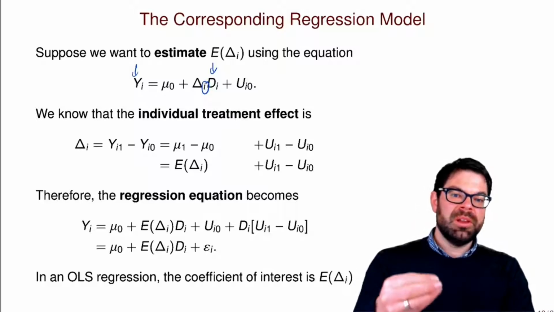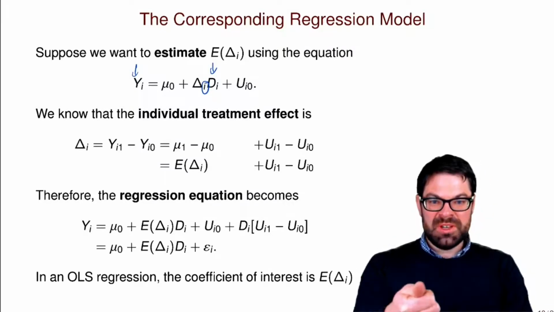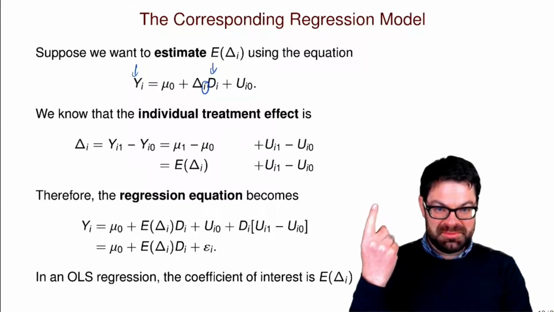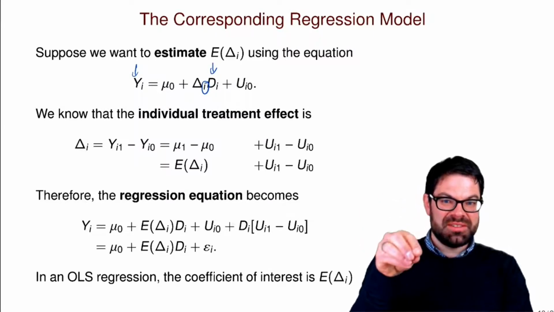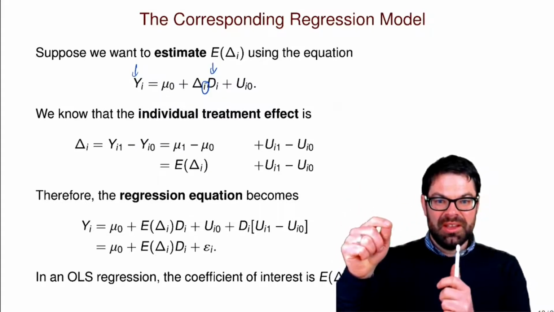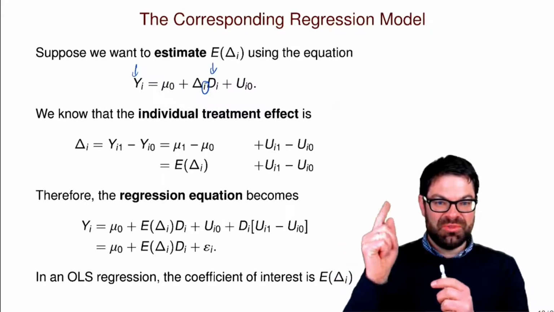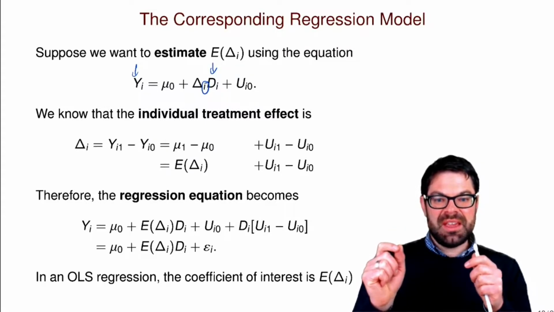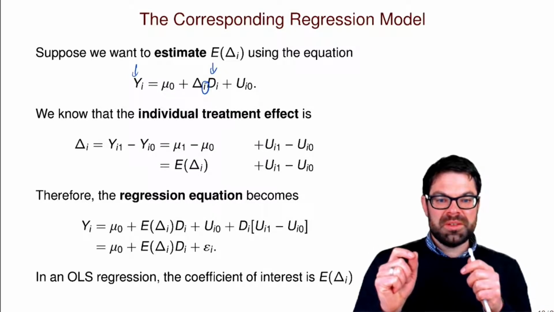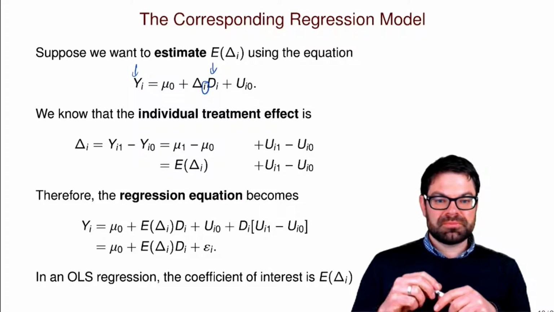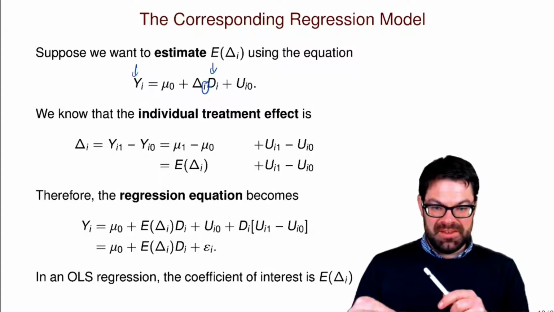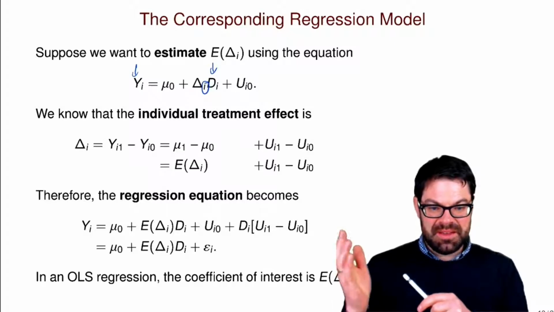However, if we only observe for each person one treatment status and one outcome, we cannot identify this parameter. Okay? Because we would need to have at least 2 observations for each person to back this out for each person. So what we do instead is to say, we want to know what the average treatment effect is, at least in this case.